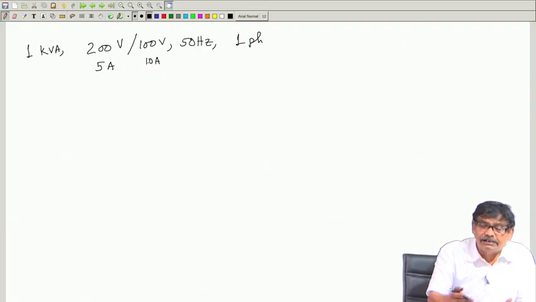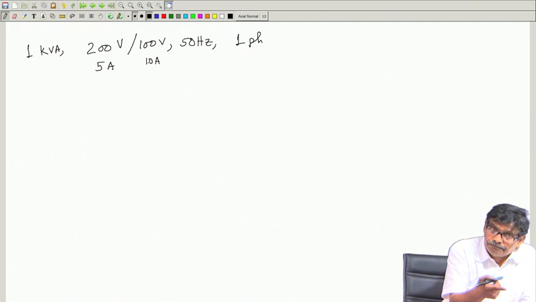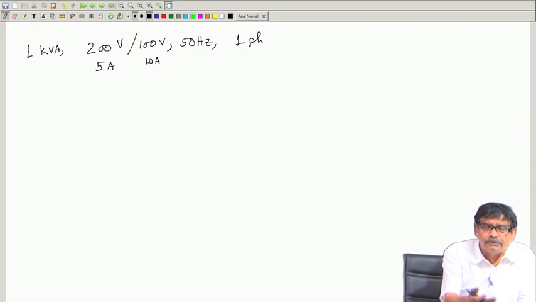One should not make an issue or insist that for this transformer you carry out the OC test from the LV side and SC test from the HV side. The reason is simple, these two voltages are available in the lab. We can always get these two voltages of 50 hertz. Using an auto transformer, you can always connect to get these voltages.